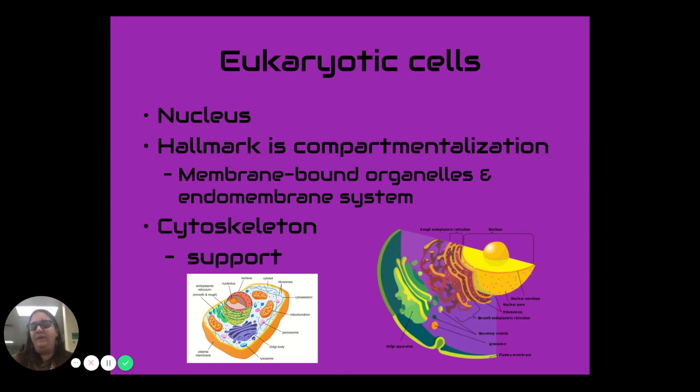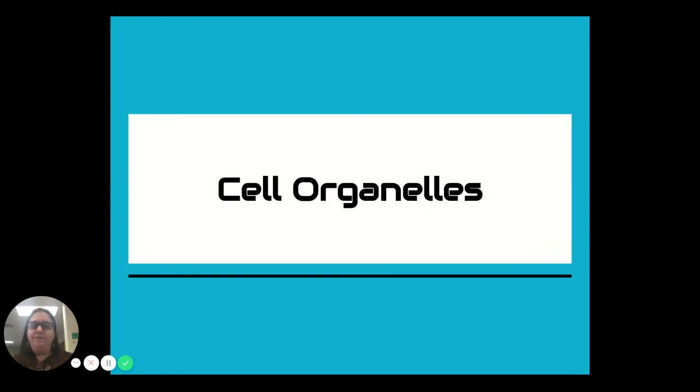We call it compartmentalization because they have organelles that have membranes surrounding them, and they have this thing called an endomembrane system. You probably learned in other classes about the endomembrane system as part of the cell organelles, and that's a fine understanding. Okay. And they also have a cytoskeleton, which is going to help support the cell, because remember, they don't have a cell wall. Okay, so in our next video, we'll start talking about the different cell organelles.